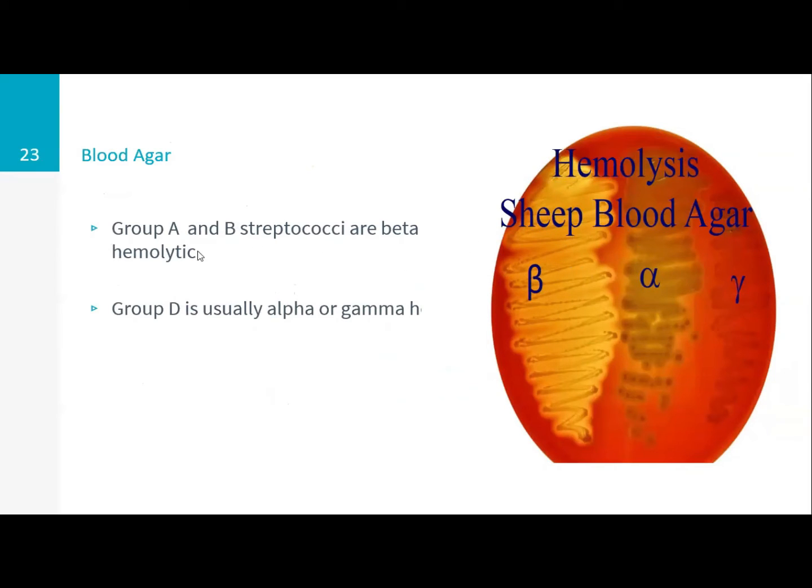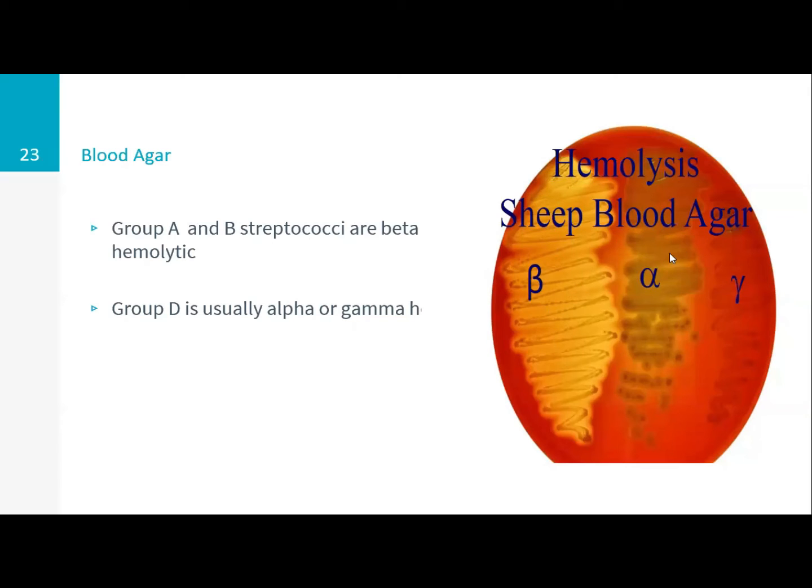So you see that group A and group B strep, they are both beta hemolytic. So just remember B means beta, all right? And a thing that we can pick from here is that it's actually the brightest in terms of the hemolysis that ensues from it. So it's the brightest pattern that we're going to get when these organisms start to lyse the red blood cells that are contained within the growth medium.